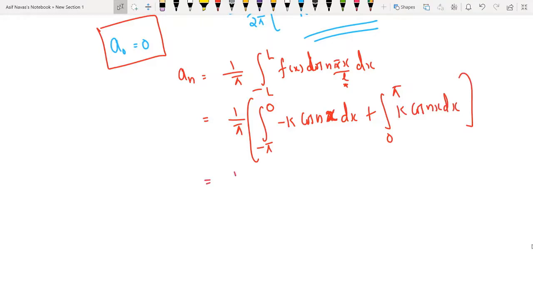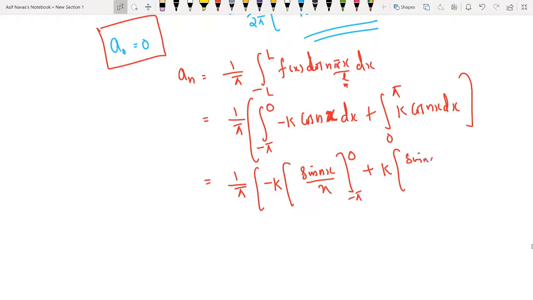So this is equal to 1 by pi. You can take minus k outside, and the integral of cos nx is sin nx divided by n, from minus pi to 0, plus k times again the integral of cos nx, sin nx divided by n, from 0 to pi.